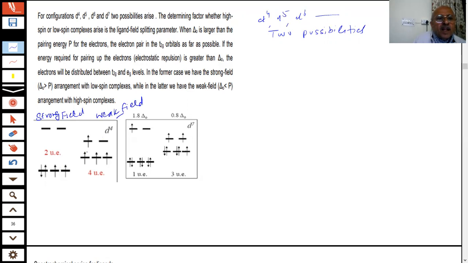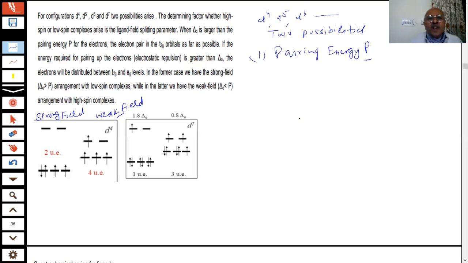If the electrons pair up, there is another energy which is called pairing energy, which I am representing by P. Energy will be required to pair the electrons because of electron repulsion.